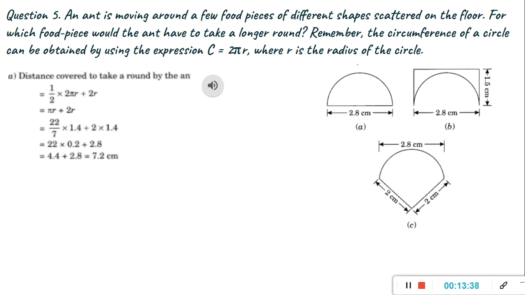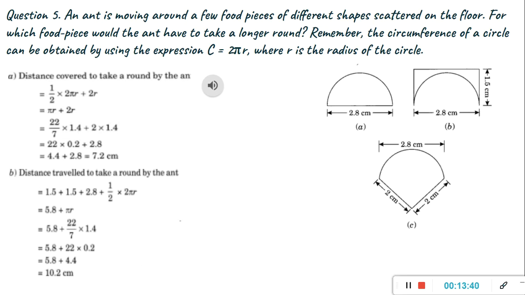So add it together: 1.5 plus 1.5 plus 2.8 plus half into 2 pi r, that is equal to pi r. So 5.8 plus pi r is equal to 5.8 plus 22 upon 7 into 1.4. So 5.8 plus 4.4 is equal to 10.2 centimeter. So in the second figure, the ant has moved 10.2 centimeter.